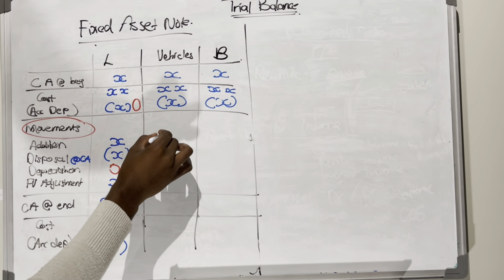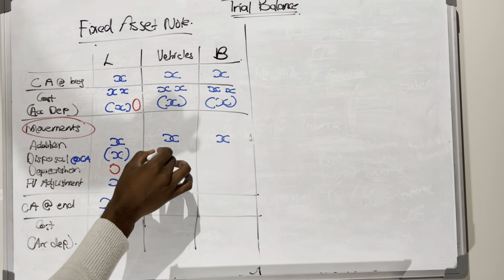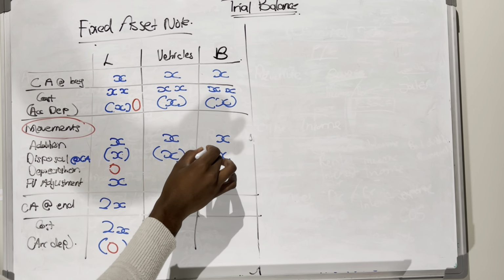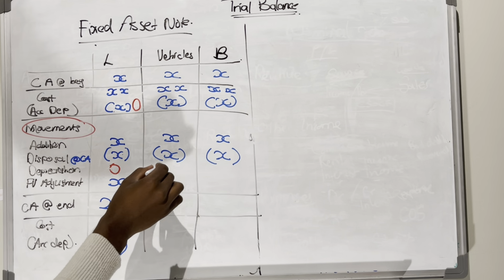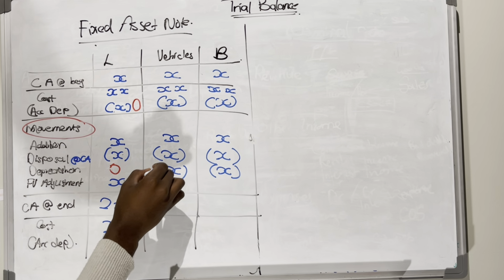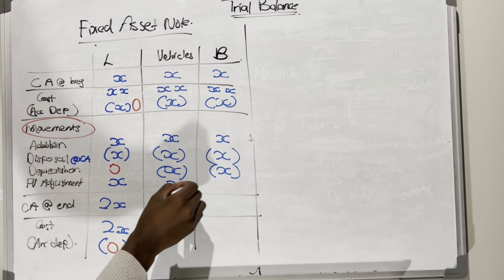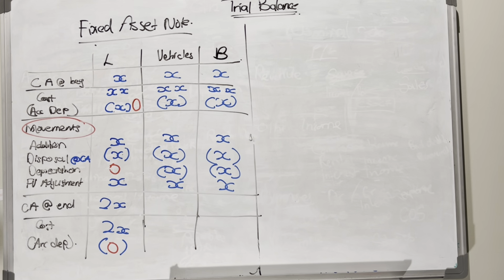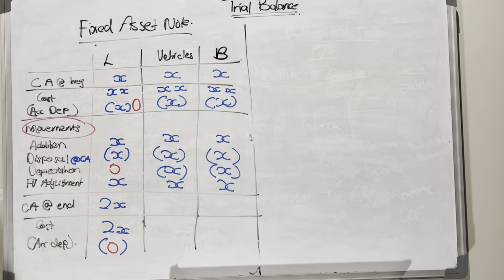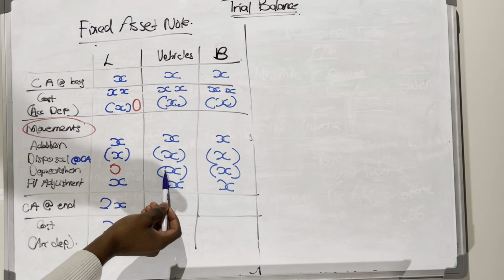We might have additions, that is a positive. We might have disposals at carrying amount still. We might have depreciation, yes, definitely. We might still have fair value adjustments, which can increase our amount. And we will still have accumulated depreciation, which will now be made up of this x plus this x.